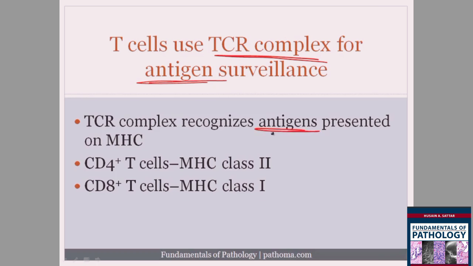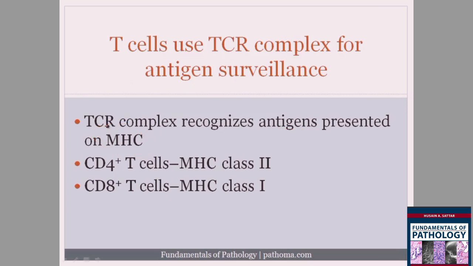But remember that it's restricted to that antigen that's presented on MHC. T-cell receptors are only able to see antigen, for the most part, again, general principle, that is presented on MHC.